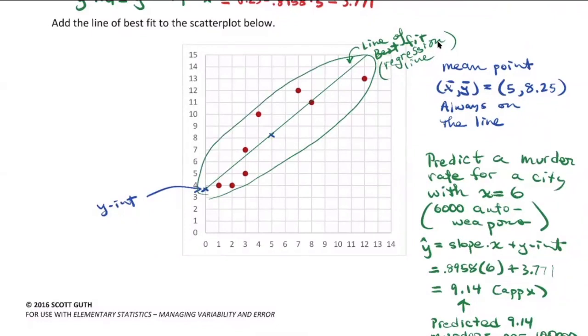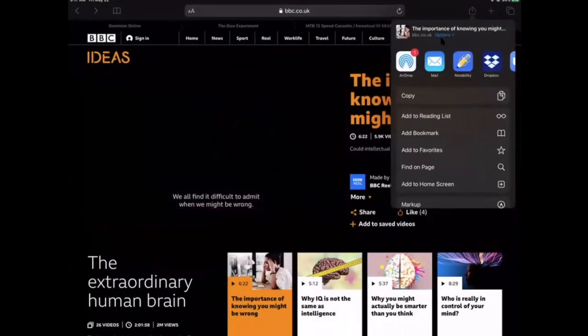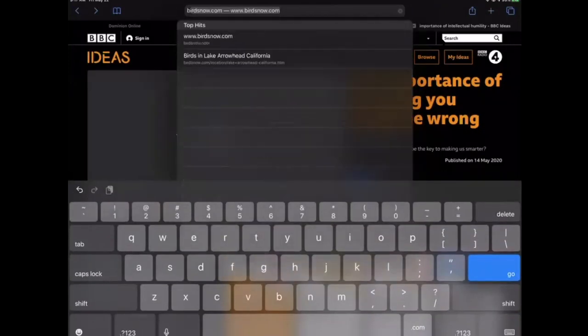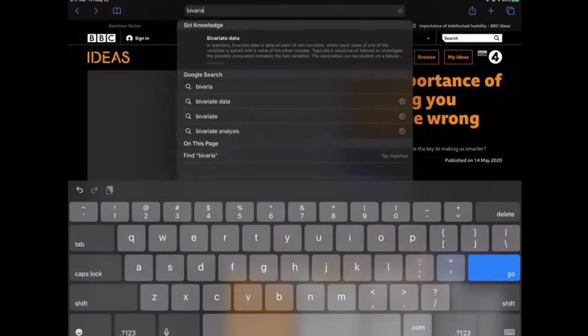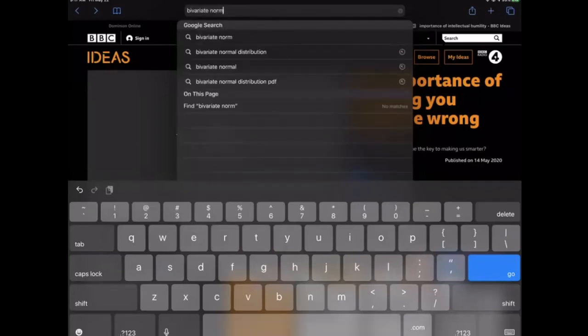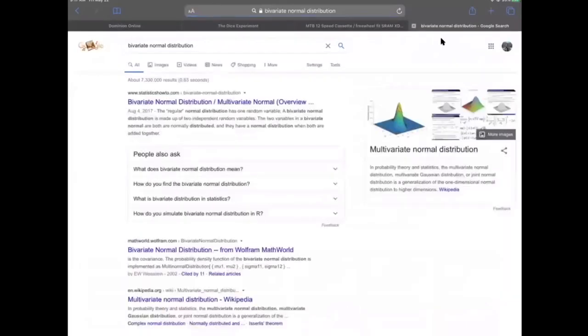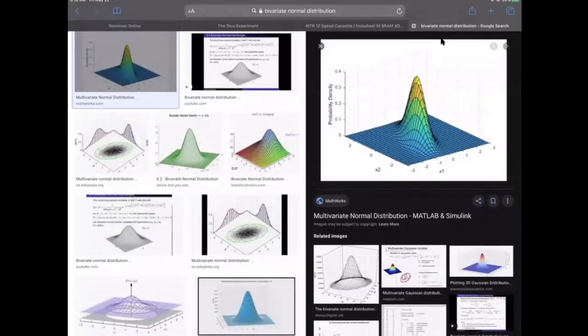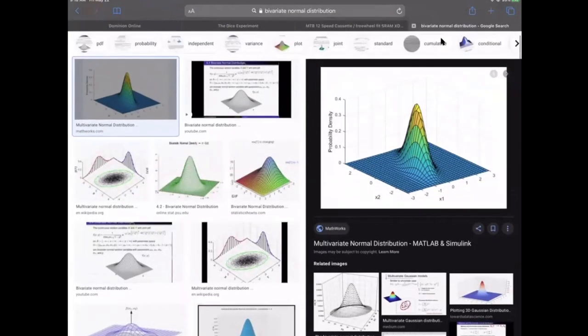And you know, maybe I can show you a picture of a bivariate normal distribution. I'm hoping we'll get some nice pictures of these. Here you go. That's a great picture of one. And so think of that as a two-dimensional bell curve, or I guess it's a three-dimensional bell curve.